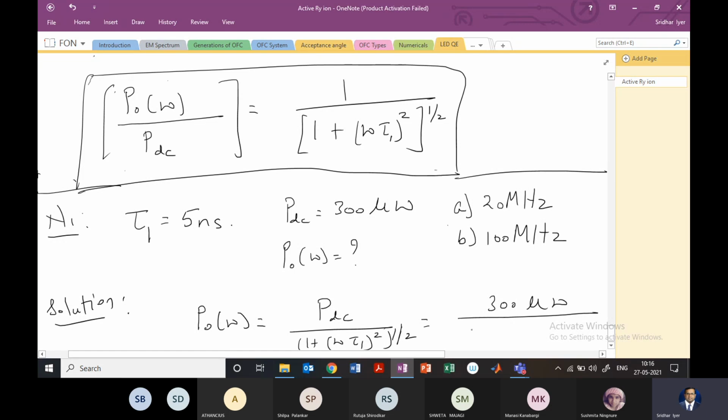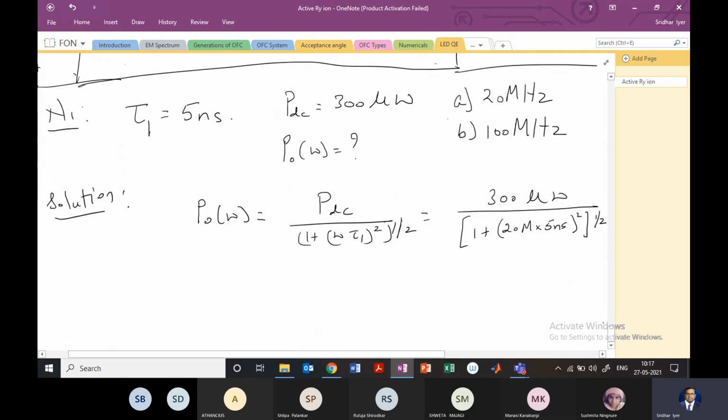And we have 1 plus, now the first omega we need is 20 megahertz into tau 1, which is 5 nanoseconds. This is the whole square raised to half. So all we have to do is just evaluate that value, and we'll get P naught of omega at 20 megahertz. You can calculate with me and we can match the answer.